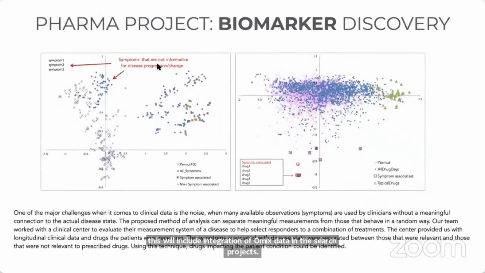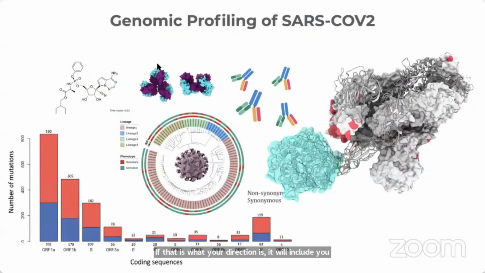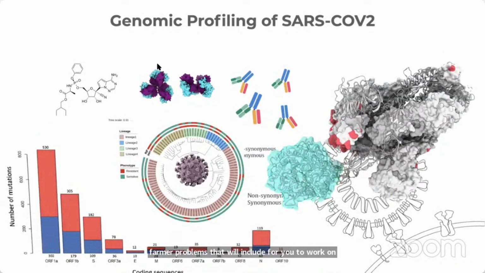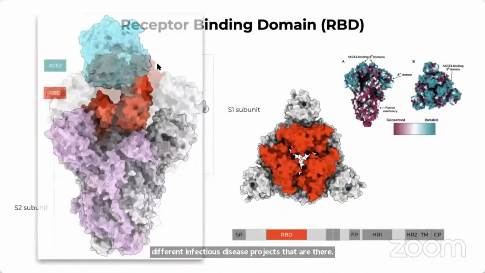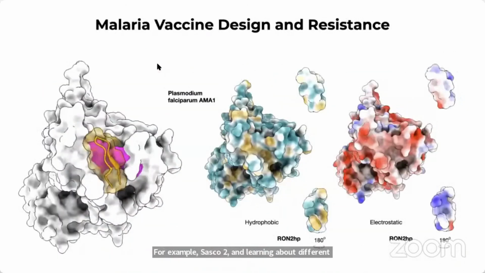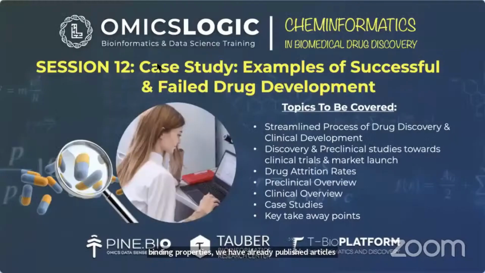It will include working on pharma projects for specific pharma problems, and working on different infectious disease projects, for example SARS-CoV-2, and learning about different binding properties. We have already published articles on malaria vaccine design and resistance using population genetics, drug discovery and molecular dynamics.